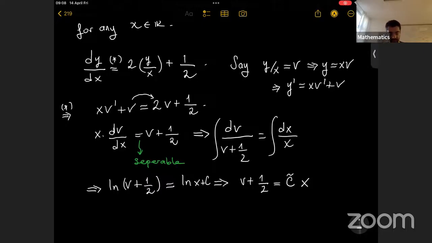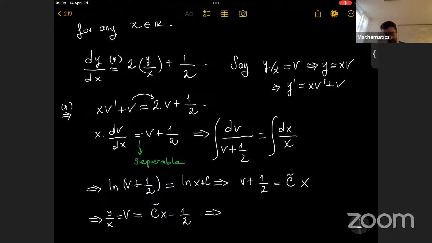We're not done yet. We are looking for y. So from here, v is equal to c tilde x minus 1/2. And remember, v was y over x.